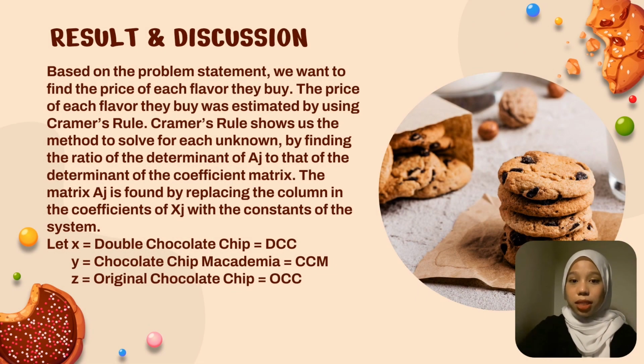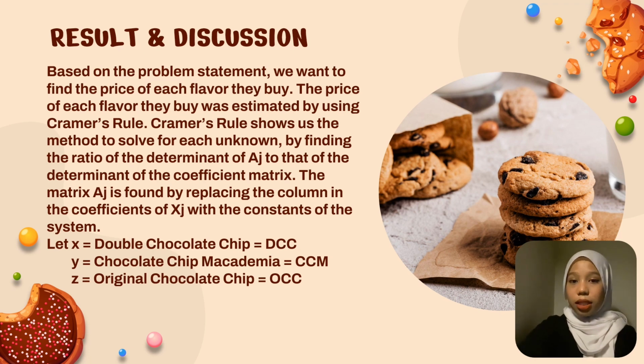Based on the problem statement, we want to find the price of each flavor they buy. The price of each flavor was estimated by Cramer's rule. Cramer's rule shows us a method to solve for each unknown by finding the ratio of the determinant of Aj to that of the determinant of the coefficient matrix.